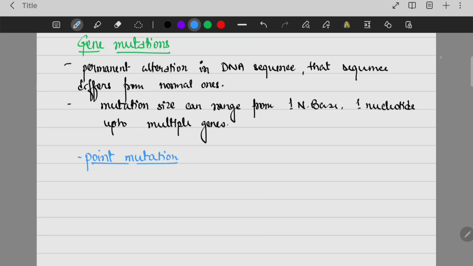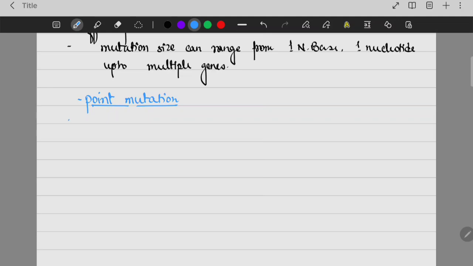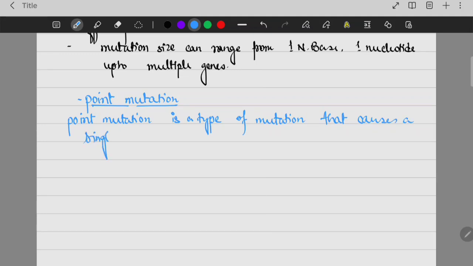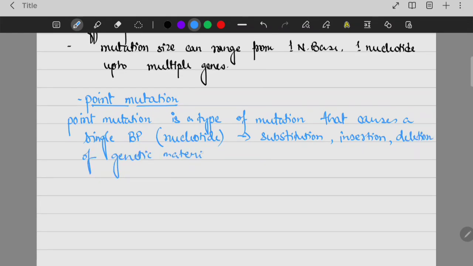So point mutation is a type of mutation that affects a single base pair, or I would say a nucleotide.